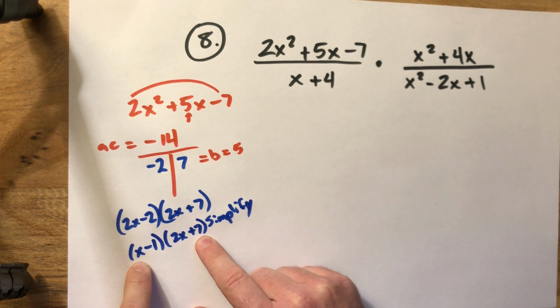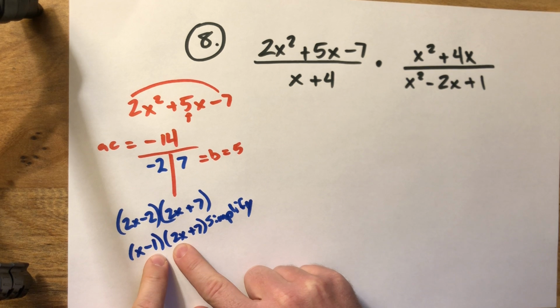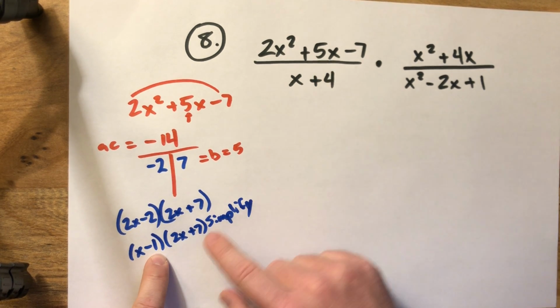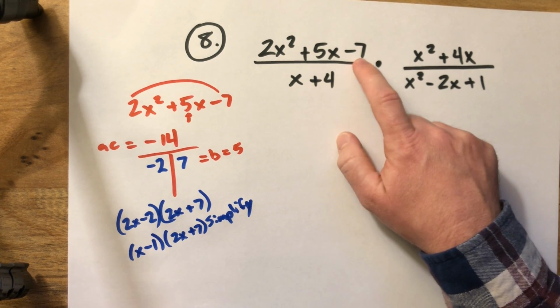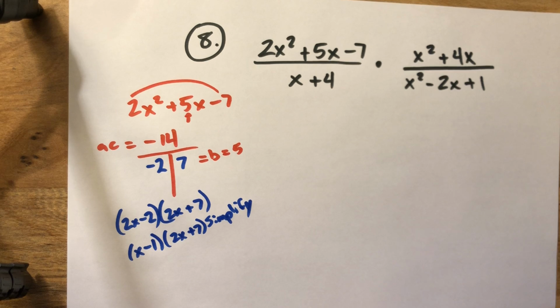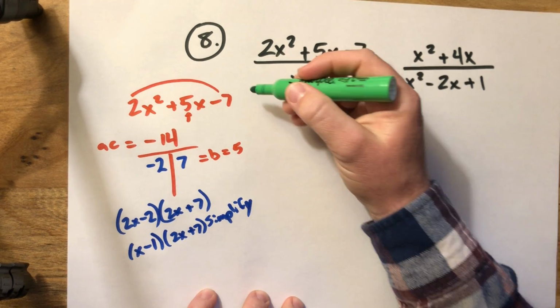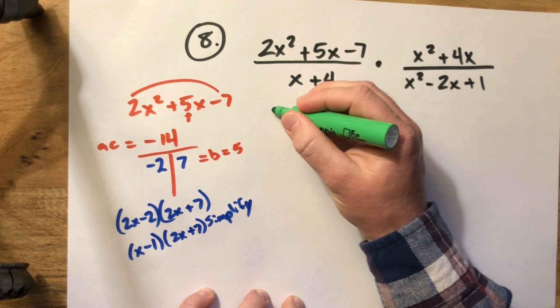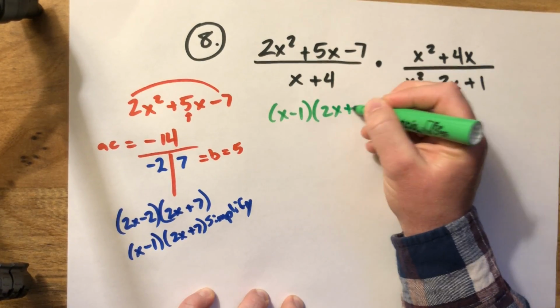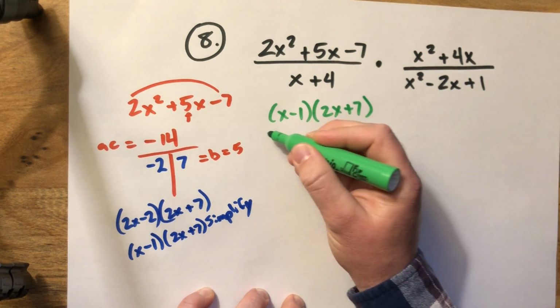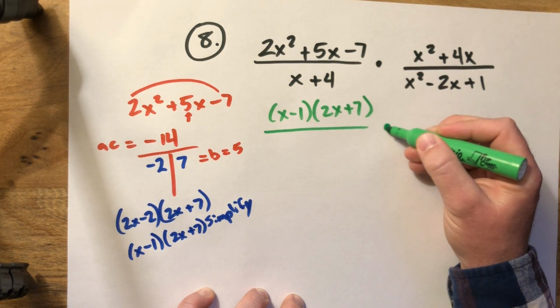Outside, 7x. Inside, negative 2x gives us 5x. And last would be negative 7. That works. So that's going to be our factored version. Let's go ahead and write that down. I'm going to go x minus 1 and 2x plus 7. And we're just going to keep it in our format here.